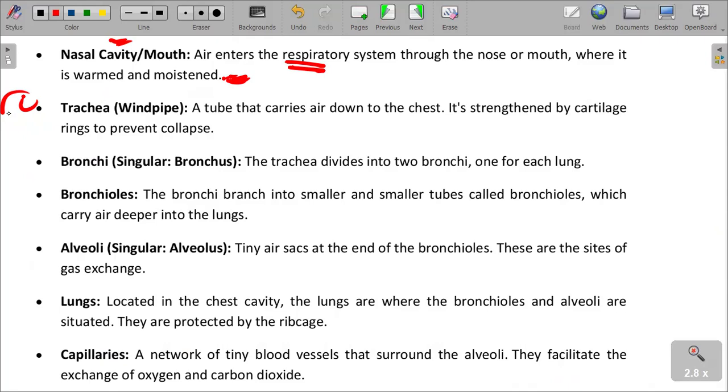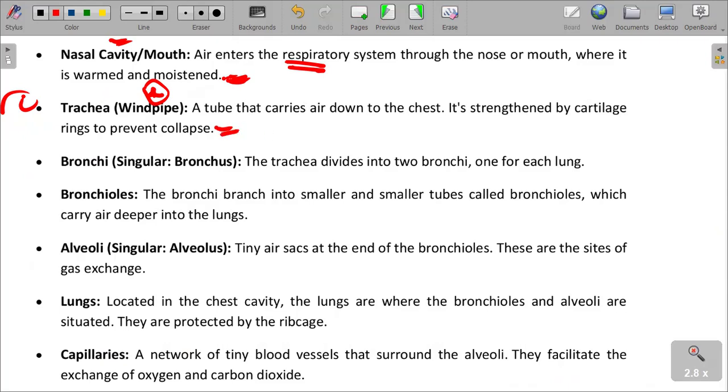Number two, we have got the trachea, the windpipe. It is a tube that carries air down to the chest. It is strengthened by cartilage rings to prevent collapse.